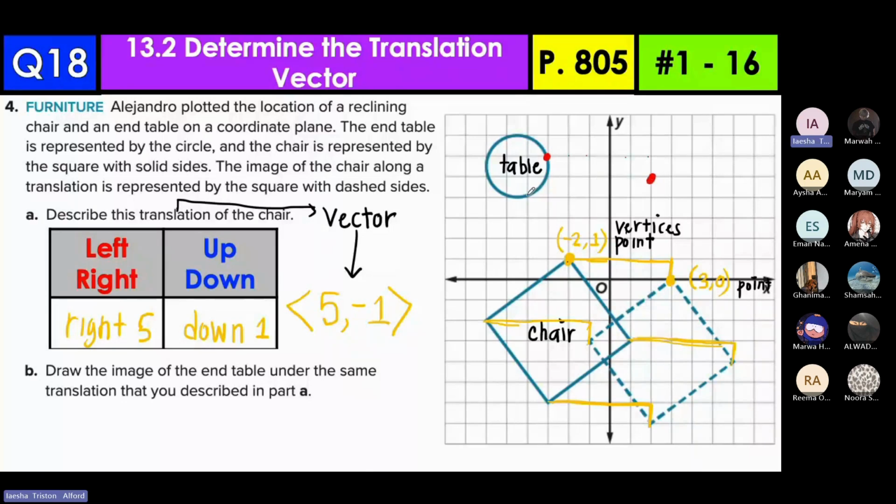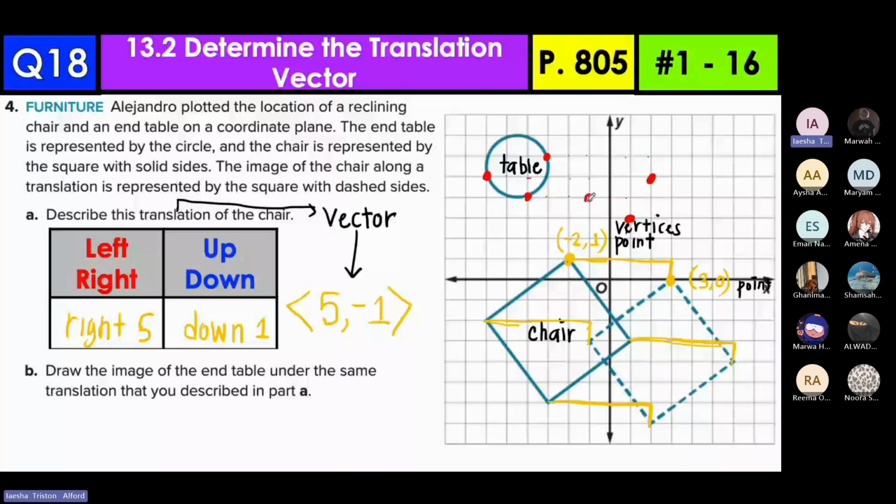Then I can take another point. Move it where? Right 5 and down 1. 1, 2, 3, 4, 5, down 1. Okay, so this point. Take this one. Same movement, right 5, 1, 2, 3, 4, 5, down 1.